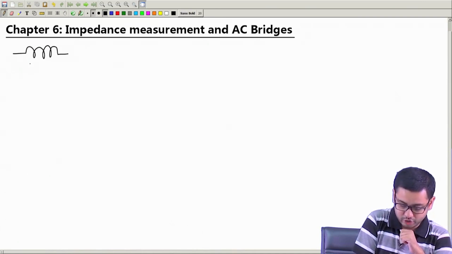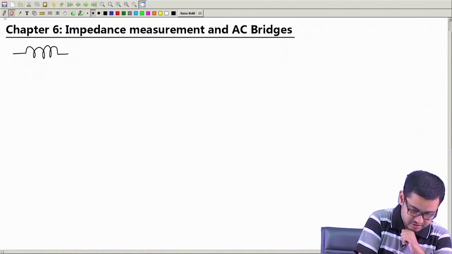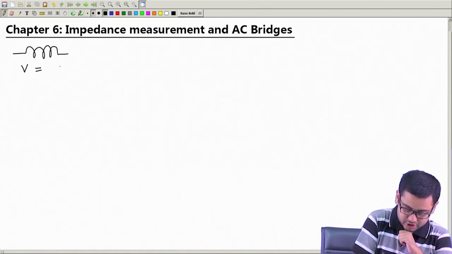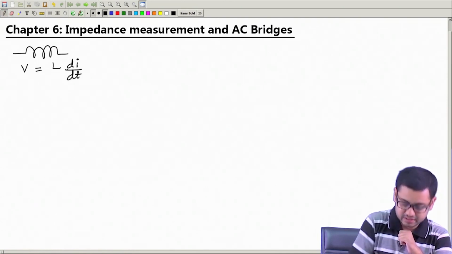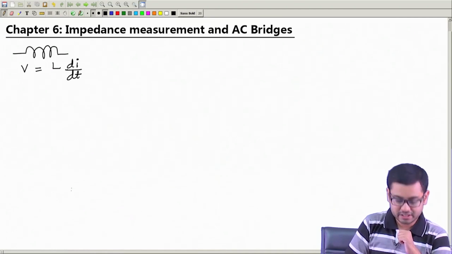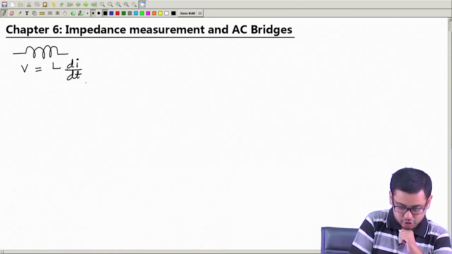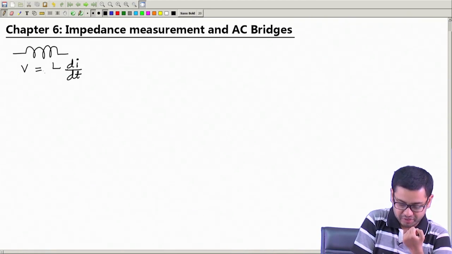This is the symbol of an ideal inductor, where this rule that EMF or voltage is equal to L dI/dt. This rule is true with a proper sign.